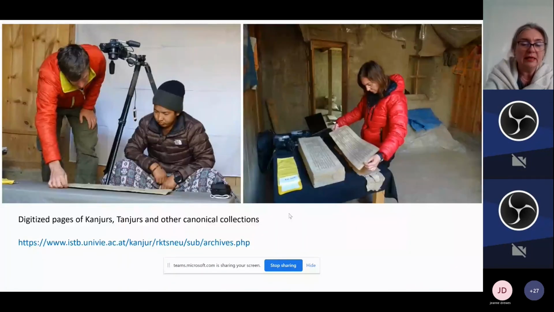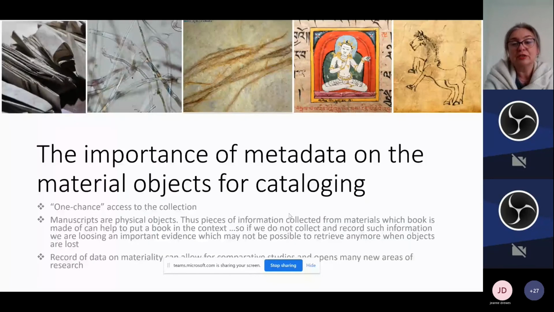And this is what I wanted to emphasize here. When you work on digitization in a library, it's usually not considered part of a digitization project, but there is really an importance of metadata on the material objects for cataloging. Why?